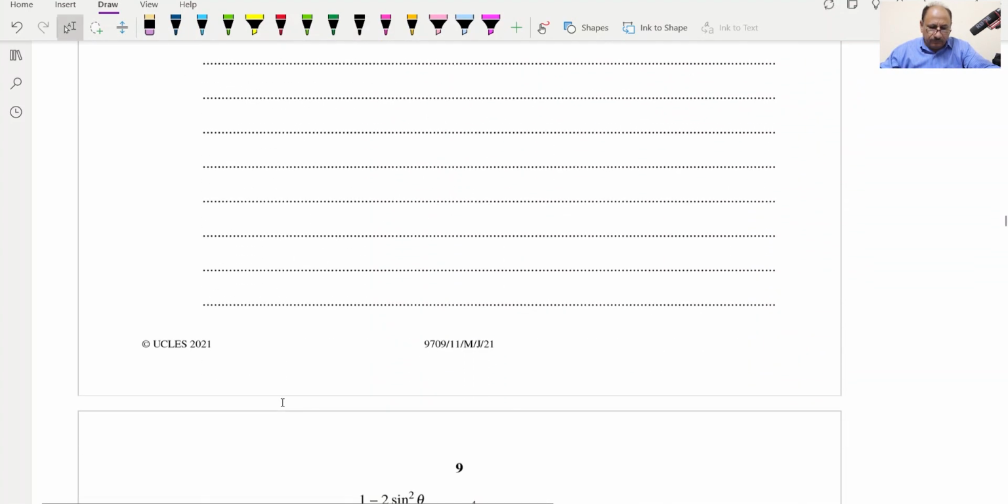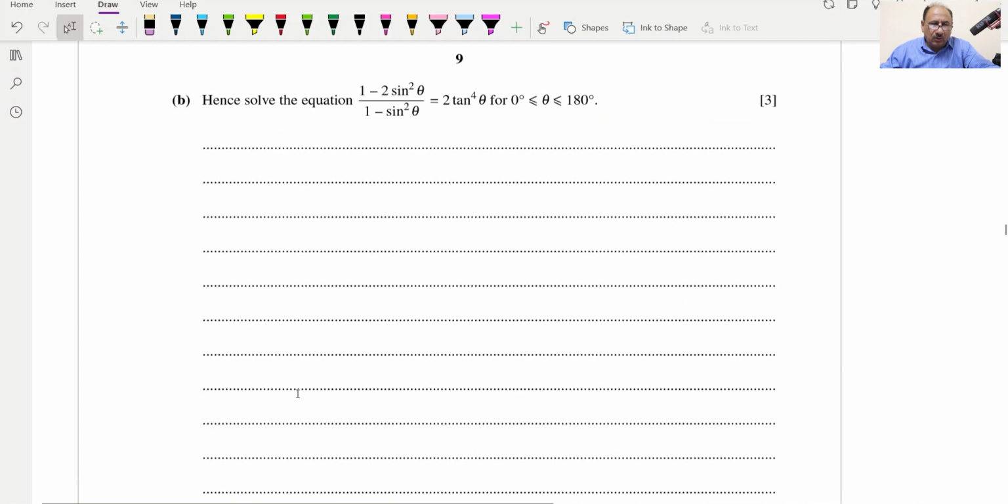Now for B part, hence solve the equation. So now we have to solve the equation, and this is the equation given, and they are saying it is equal to 2 tan 4 theta, for 0 to 180.